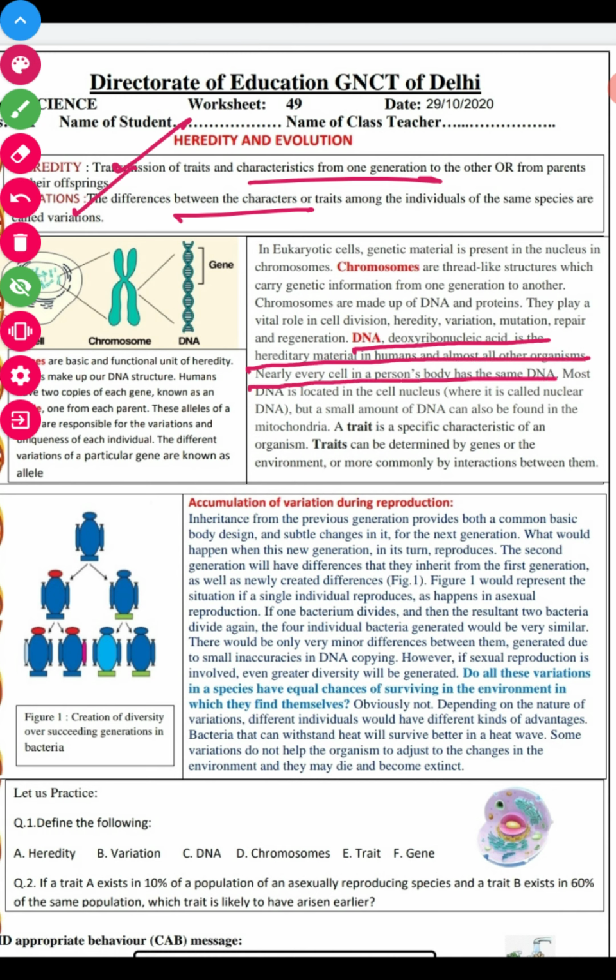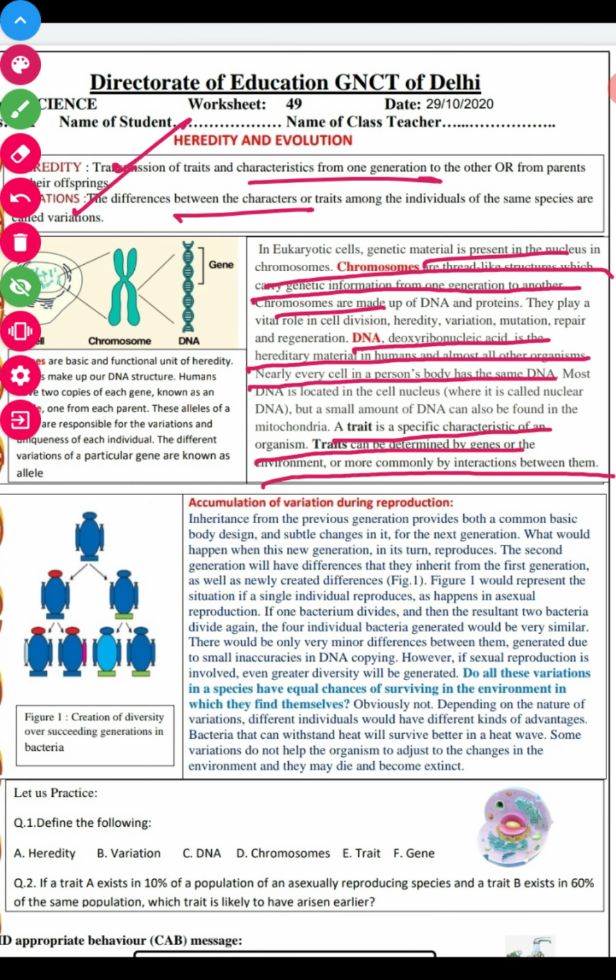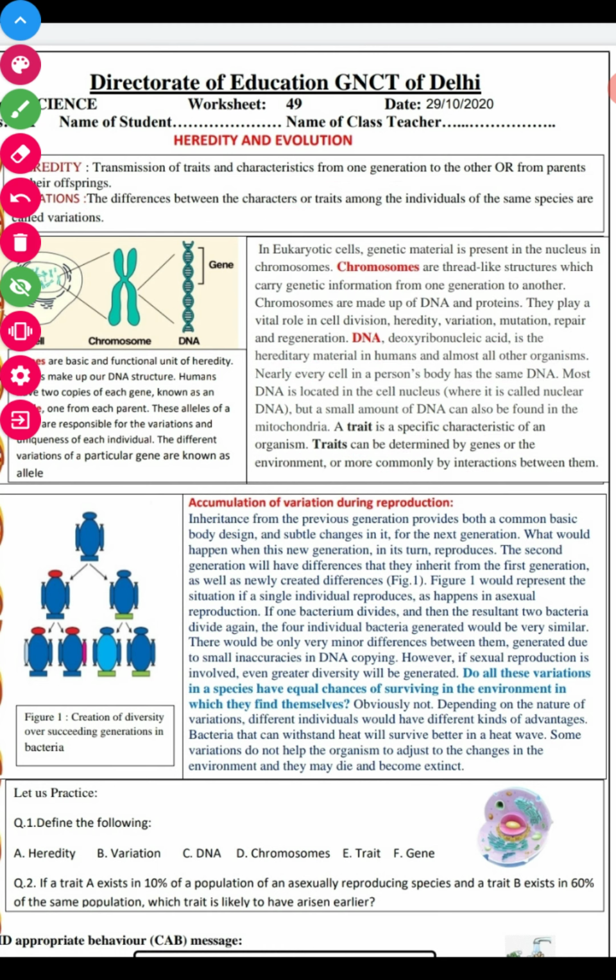You can write all these. Chromosome, you can write, is a thread-like structure which carries the genetic information from one generation to another generation. Trait is a specific characteristic of an organism. Traits are determined by the genes. And gene, you can write the answer of gene from here. See, this is the answer of your gene, right?